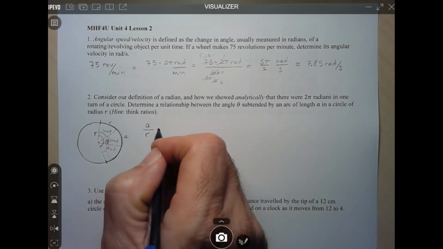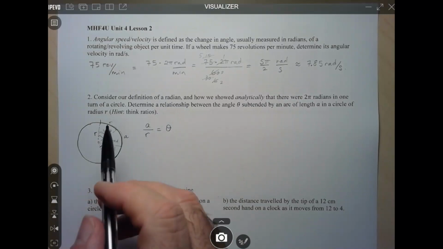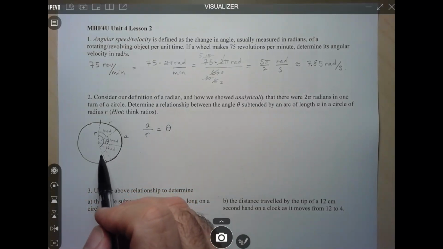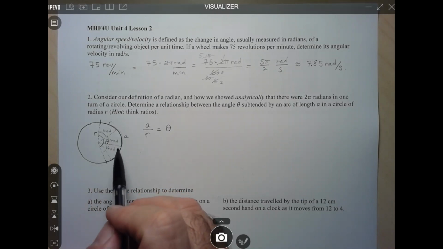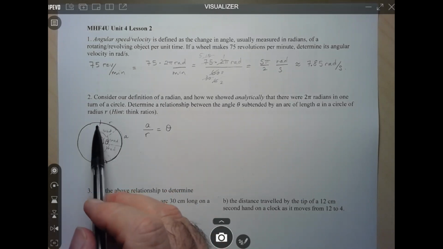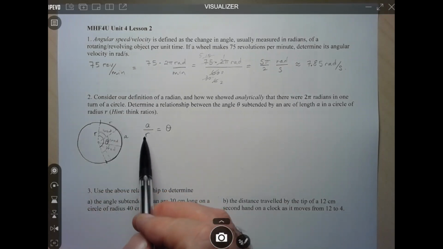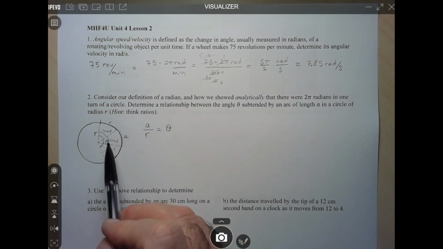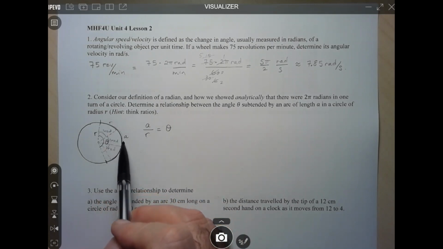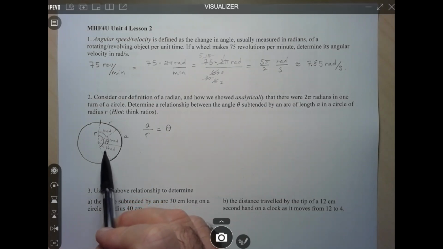So in other words, this is going to represent the number of radians in this angle that's produced by the arc length A. Exactly like we did for the full circumference, we divided the circumference by the radius, and that gave us the number of radians, because each radius along the edge corresponds to 1 radian of angle.